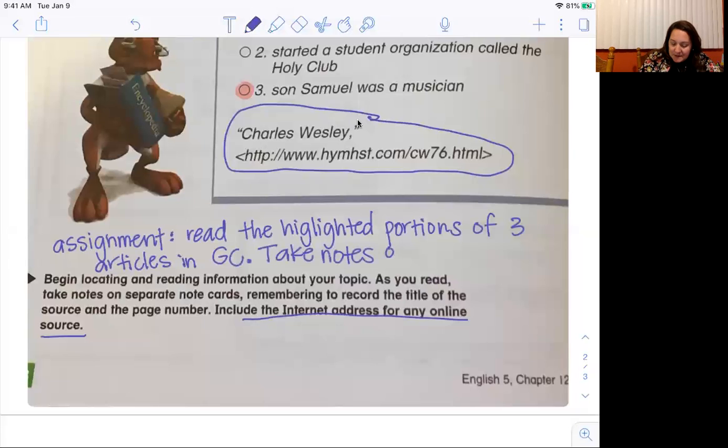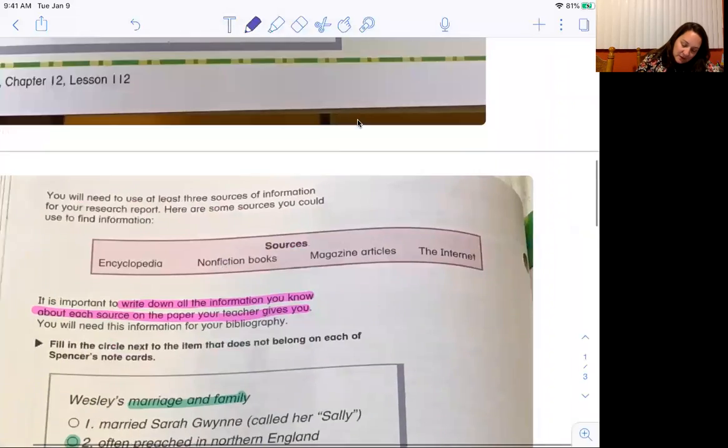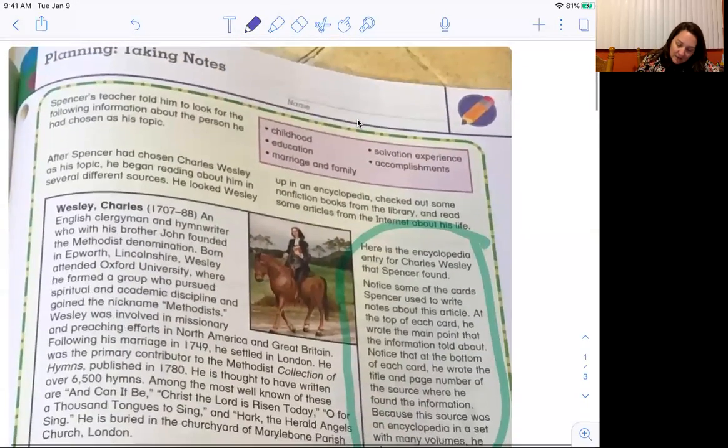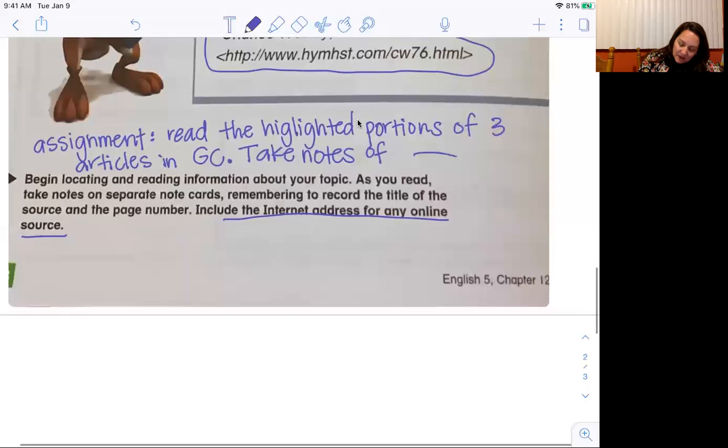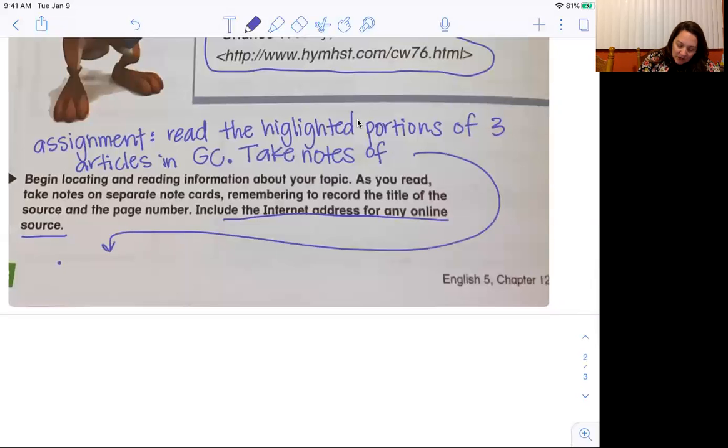Take notes of the portions. So you're going to take notes of, I'm going to write it here. Which ones did we say we were going to have? We have childhood, education, marriage, and family. Let's write it here. Take 1 to 2 notes.